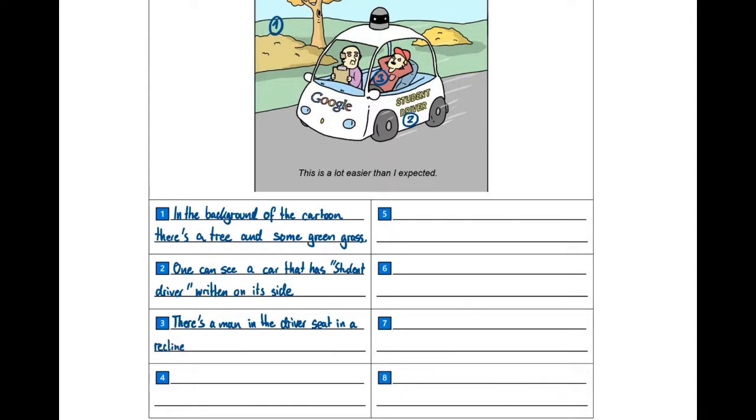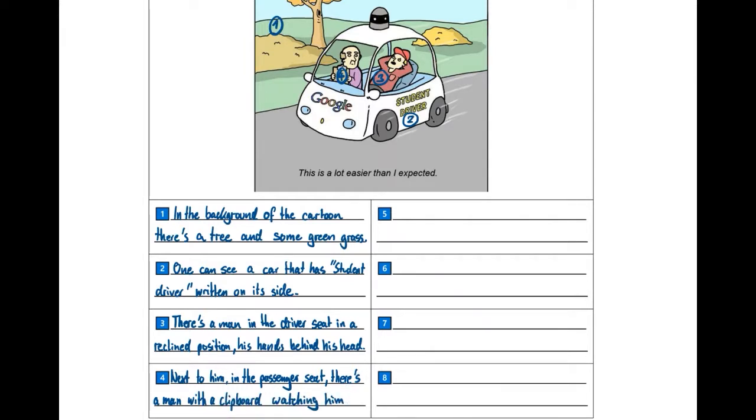So there's a man in the driver's seat in a reclined position with his hands behind his head. We describe the passenger. So next to him in the passenger seat, there's a man with a clipboard watching him.